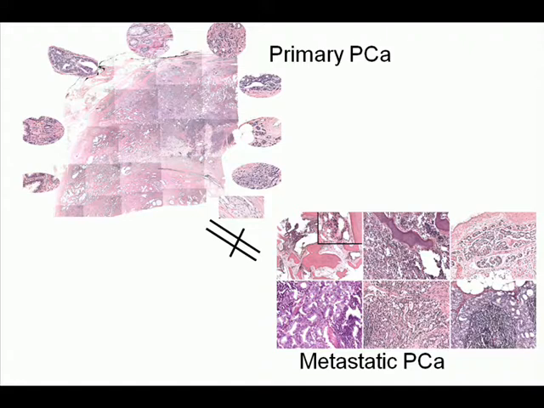As I pointed out earlier, you see how heterogeneous the primary tumor is. And actually the secondary tumor is very heterogeneous as well. The higher variation you have, the higher N number you need.